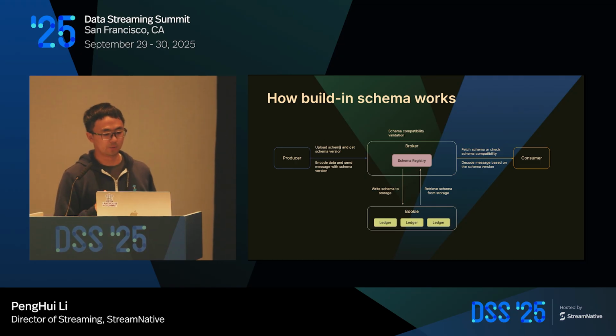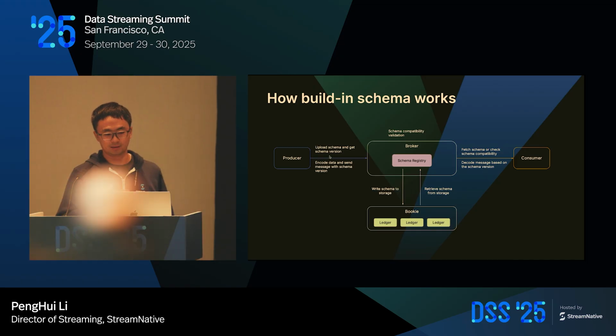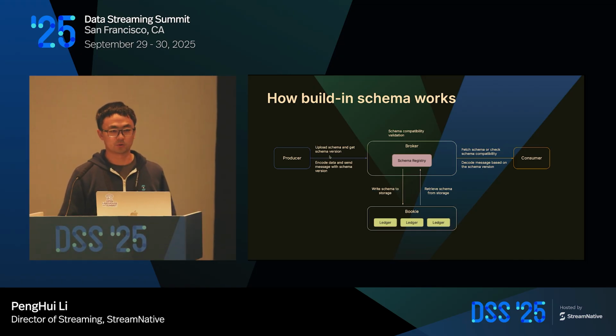When you create your producer, you define whether you're using a JSON schema or an Avro schema, and then you send data based on your schema. The Pulsar producer will upload the schema automatically.